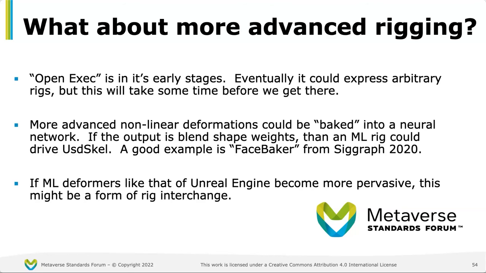So I wonder if on the way to OpenExec, if people are going to lean more on ML deformers as a way to move more advanced rigs around, potentially. But in the meantime, I'd just be happy if there's more support for just the lowest common denominator stuff in UsdSkel. But just looking in the future, that's the kind of stuff that I feel like the places we're going.